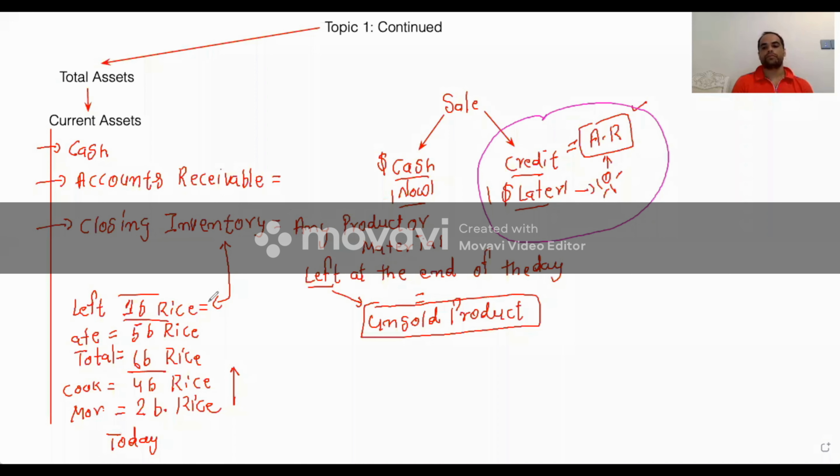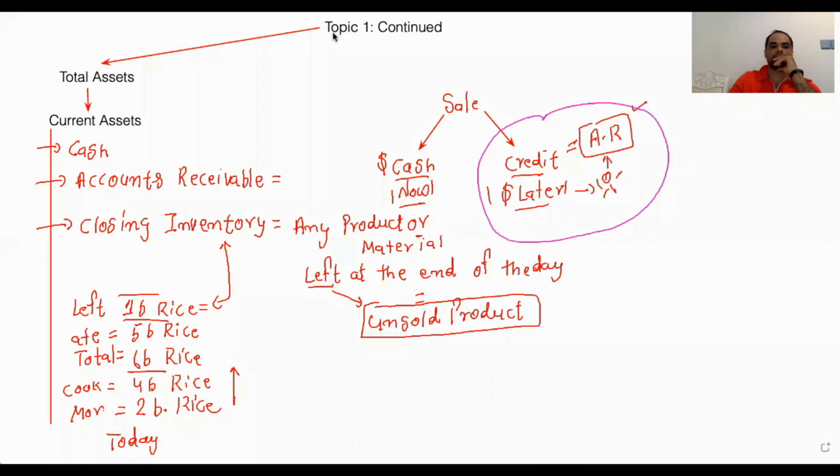All right. Now let's move on to the next current asset.